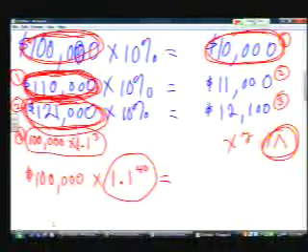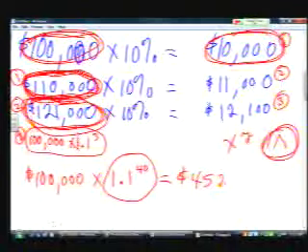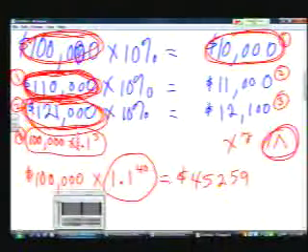And so that is about 45.25 and a bunch more digits. Then if I multiply that times 100,000, in other words, move the decimal point 5 places to the right, and hit equal, I get 4, 5, 2, 5, 9, 2, and we'll round it to the nearest dollar.